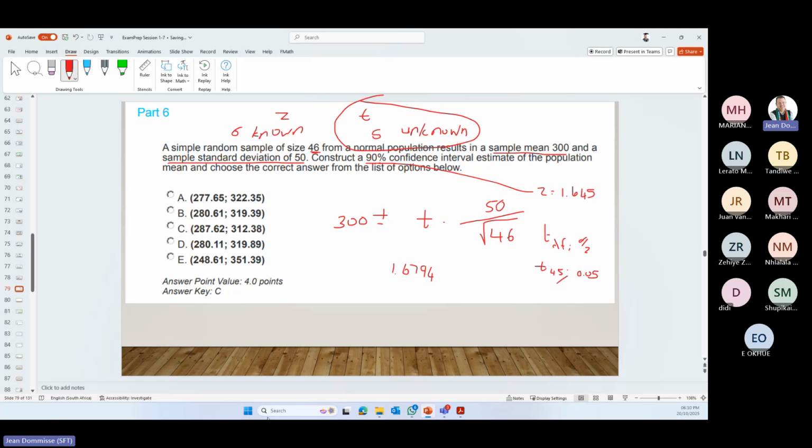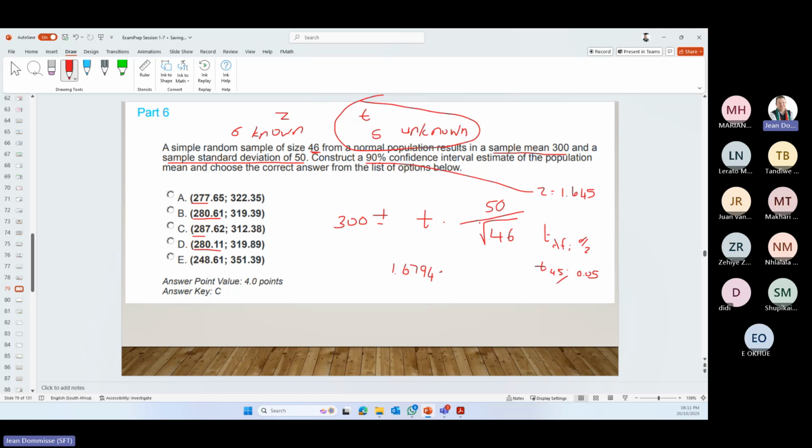So you will also see, if we look at these answers, there's 280.61, 280.11, 277, 287. So very close to one another. This one is probably the one that is going to be wrong. But again, because the Z and the T are so close to one another, it can be that if you make a mistake by using the one, you can get the other answer.